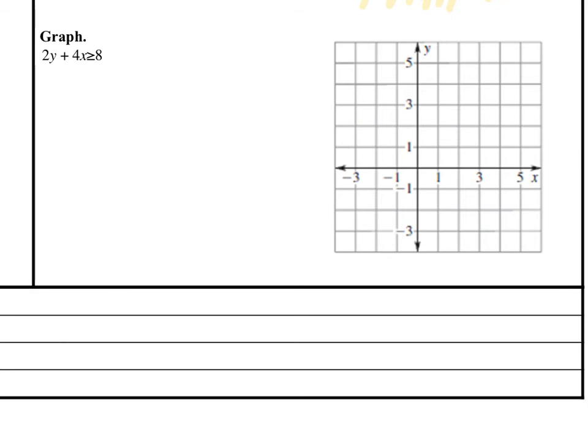Last thing, this one is different because it's in standard form, and as I told you on the front, if it's in standard form, you're going to have to move it into slope-intercept form. So we're going to take this equation, and I'm running out of space, so I'm going to write it out here. We need to get this solved for y. So the first thing we do is move the x term. It's being added, so I subtract it.